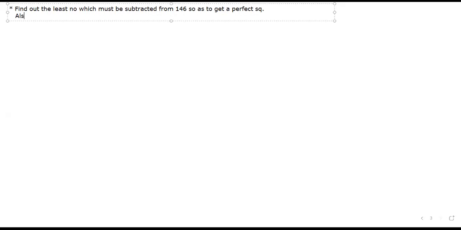Find out the least number which must be subtracted from 146 so as to get a perfect square. Also find the square root of the square number so obtained.